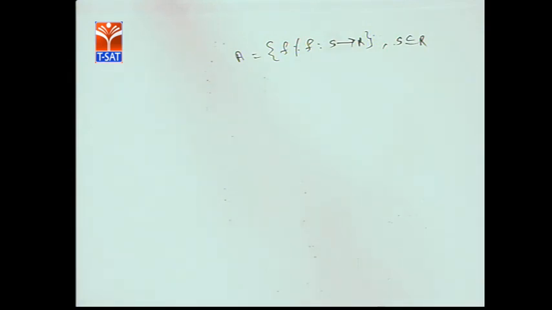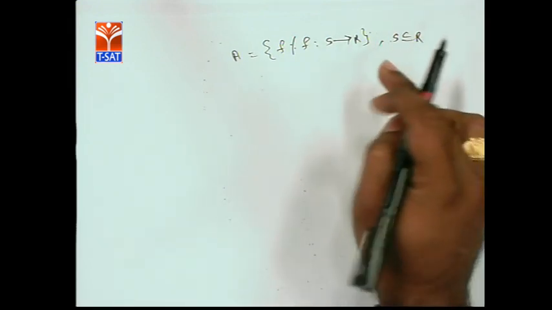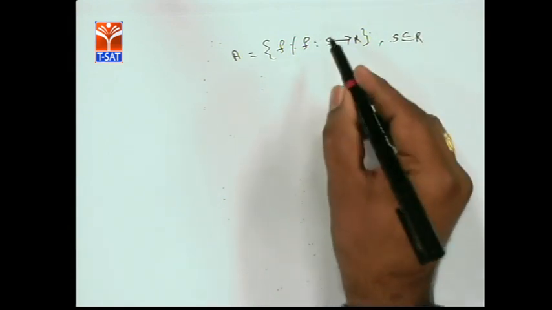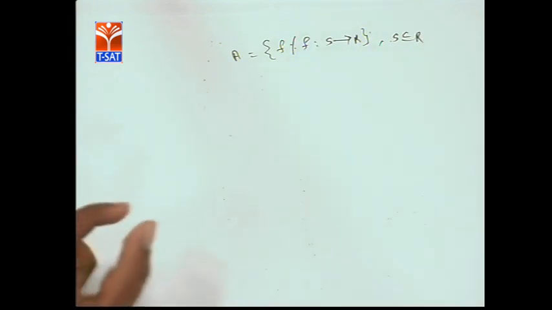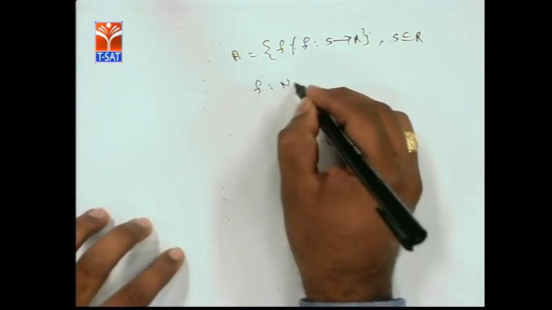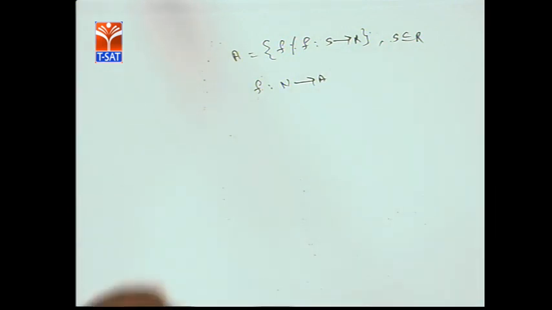A function f is said to be a real valued function if its codomain is a subset of R or the codomain is R. Here A is the set of all real valued functions, then the mapping f from N to A is called a sequence of real valued functions.